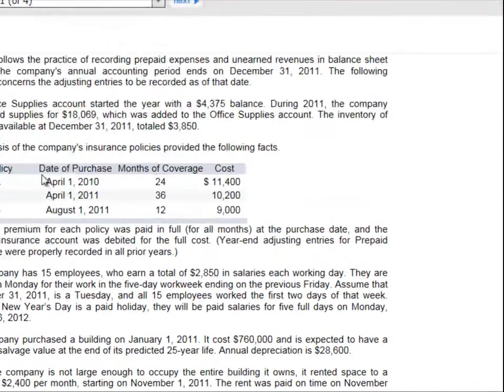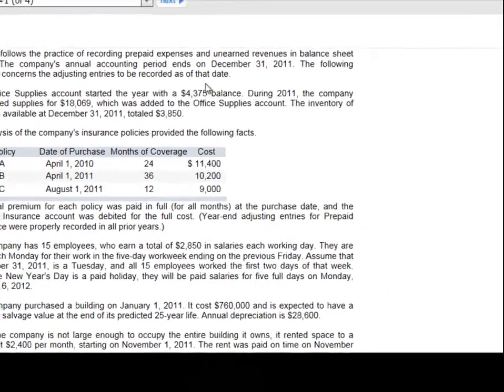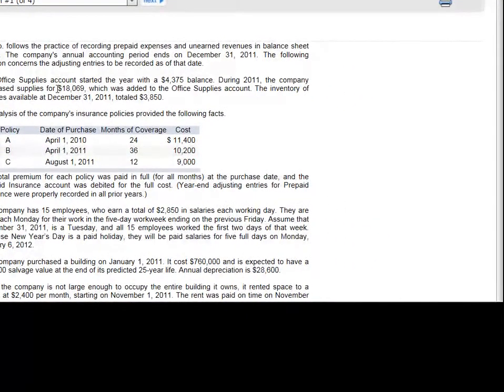So A, the office supplies account started the year with a $43.75 balance. During 2011, they purchased 18,069 more supplies, and at the end of the period, they have a total of $38.50 left. So what this basically means is if you take $43.75 plus $18,069, that's how much office supplies we had that we could have used up during that period.